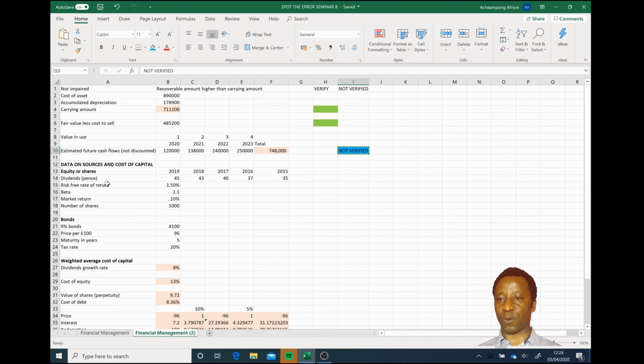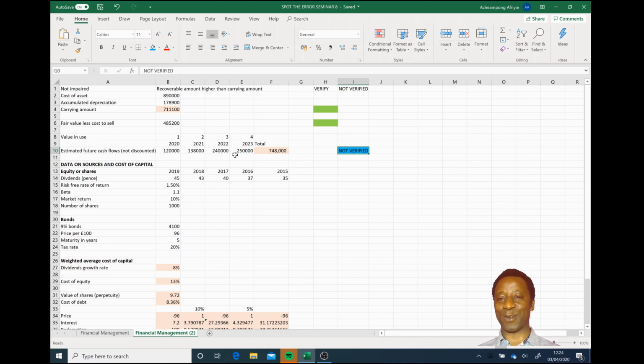So we've called for data that would enable us to discount these cash flows to their present value and find a revised recoverable amount. And to be able to discount, what do we need? We need a cost of capital. Where do we get a cost of capital from? The cost of capital is the weighted average cost of capital.